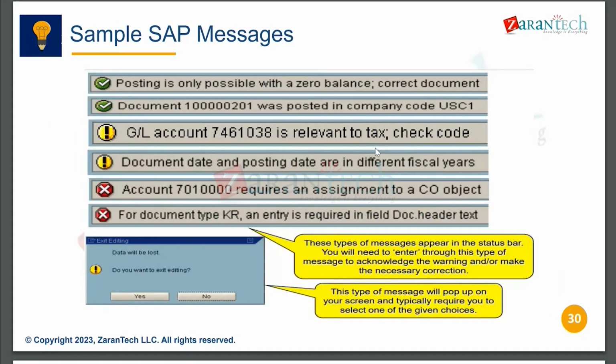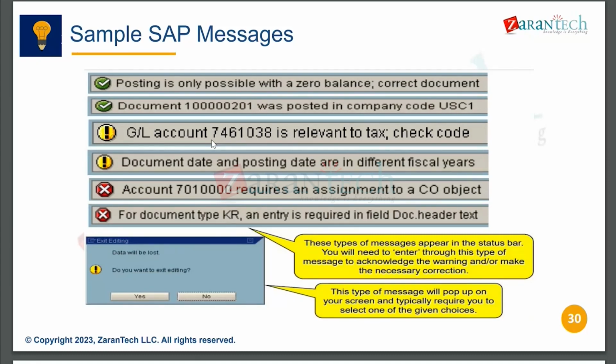Okay, so these are some examples. Success messages come in green color. It will give the document number, or inspection lot number created, or GR number posted. This is a warning message, just information, for example that a GL account is relevant to tax, check the tax code.